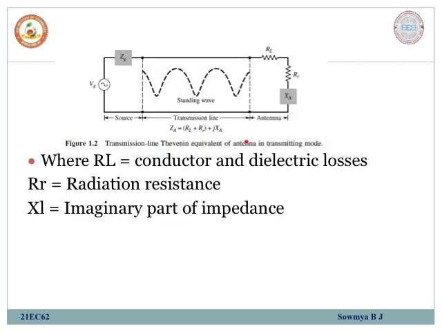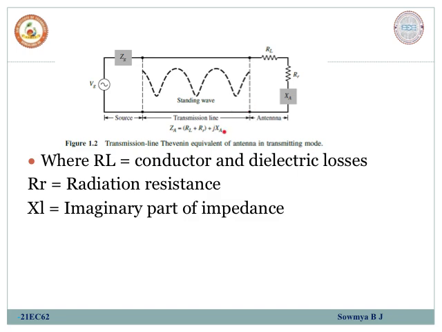This figure represents the Thevenin's equivalent circuit of the antenna in the transmitting mode. In the source section, we have the source supply represented as Vg with the source impedance Zg, and after the source we have the transmission line in which we have the standing waves.